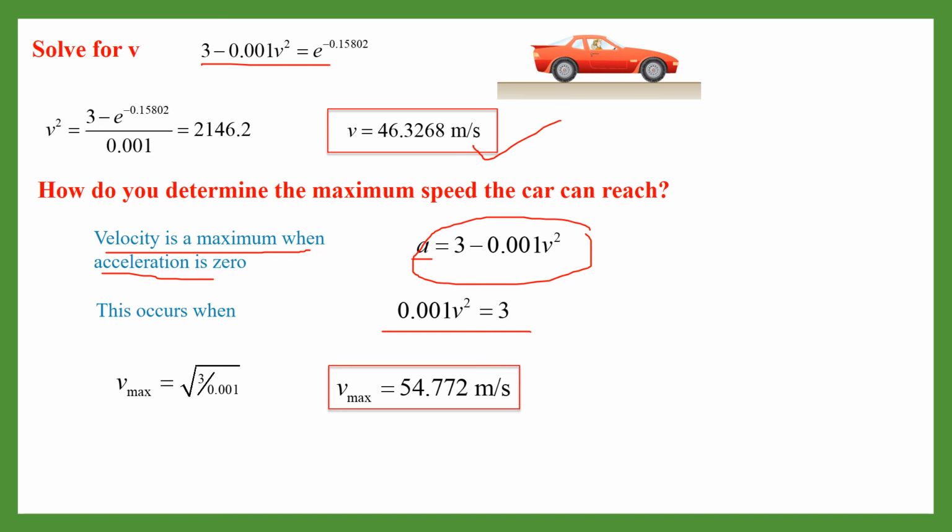When we solve this equation, we get the maximum velocity as 54.772 meters per second. So this is how you can solve the problems related to kinematics.